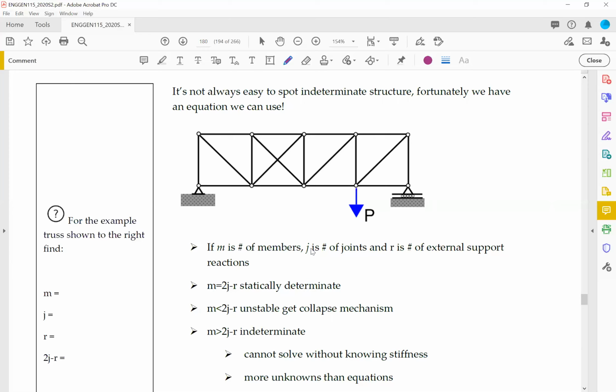When there are too many members in a truss, that means when we arrive at some of these joints, like this one right here, there are too many unknowns for us to calculate using only our two equations. So it's the opposite to internal instability, which is when we didn't have enough members inside the truss, compared to now when we have too many members in the truss.